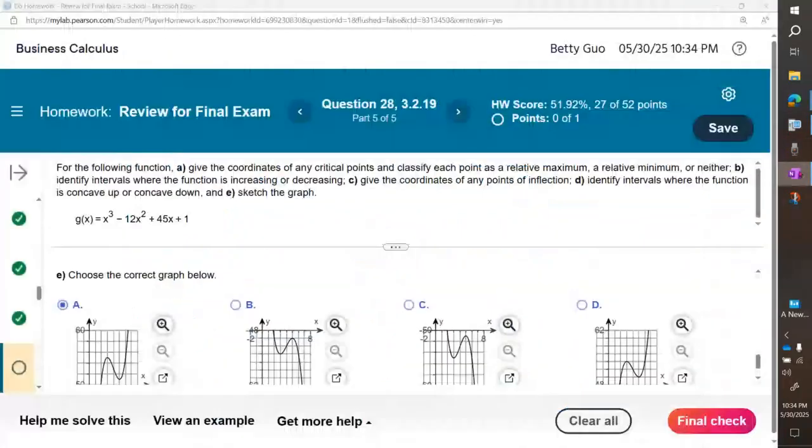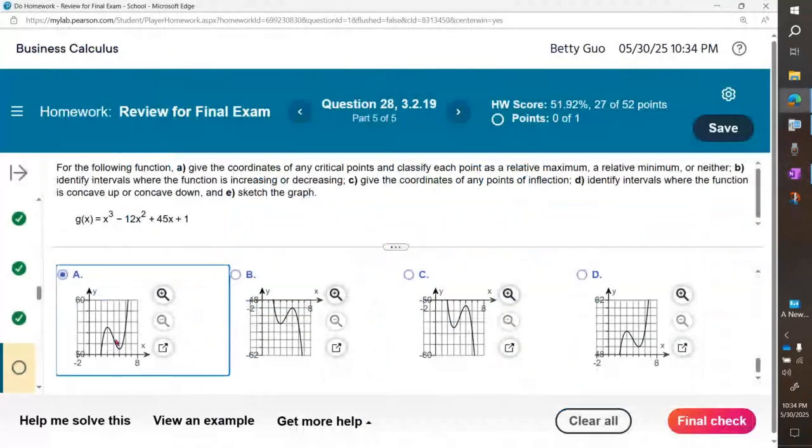4, 53. Let's see. This looks like this is 50. This is 60. So 1, 2, 3. This is 55. Seems like 53.